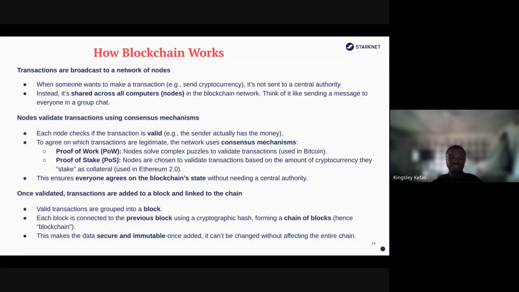Yeah, so in the case of Ethereum, which is proof of stake, you get slashed. You know that for proof of stake, for you to be a node, you have to stake some money. You have to stake ETH in Ethereum, about 32 ETH. So if you do anything wrongly, you get slashed. There's a penalty for it.